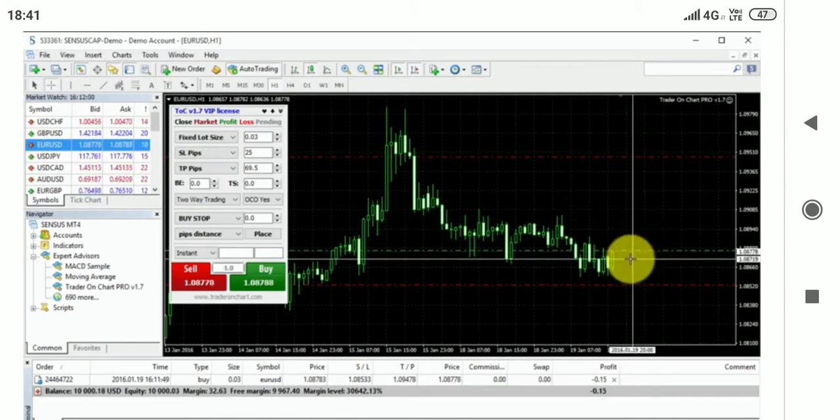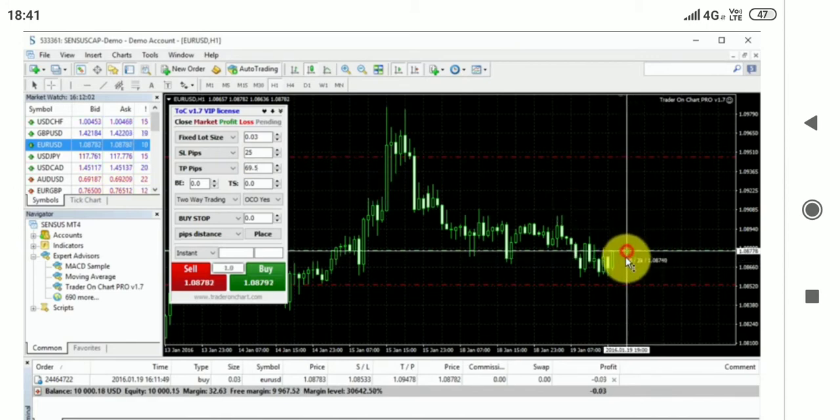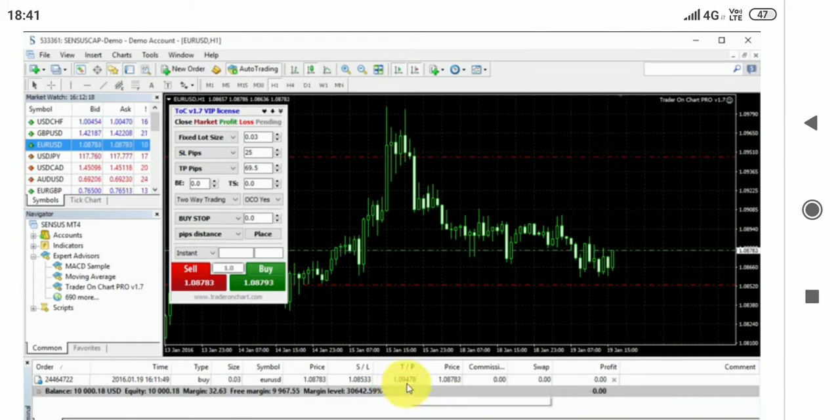I can measure it with my mouse right here. Yeah, it's about 25 pips stop loss, my measurement is not that exact, and the take profit is at 69.5. You can do the calculation from these numbers right here.